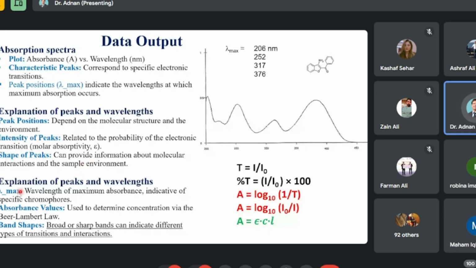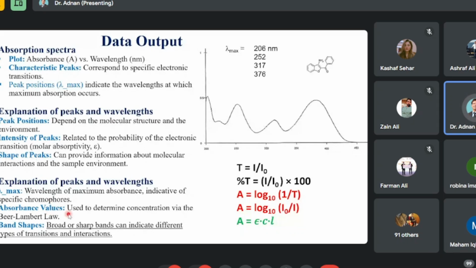The lambda max, the wavelength of maximum absorption, indicates specific chromophores. Chromophores are functional groups that are responsible for absorption of colors, while the absorbance value is used to determine the concentration via the Beer-Lambert law.